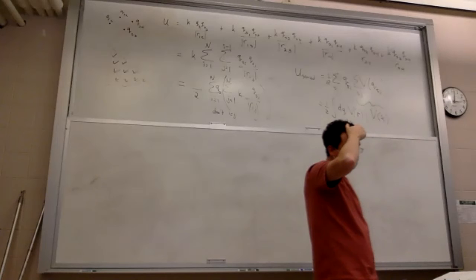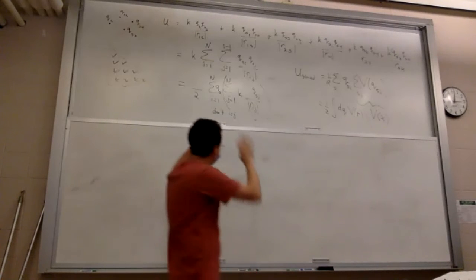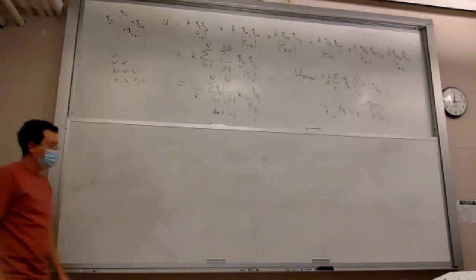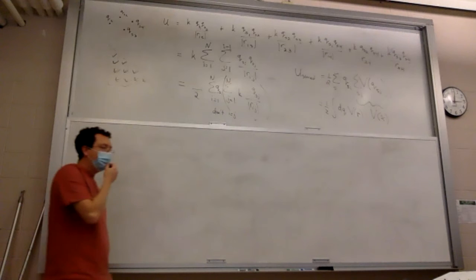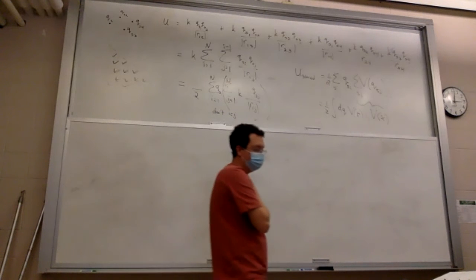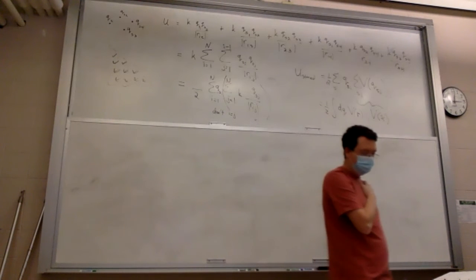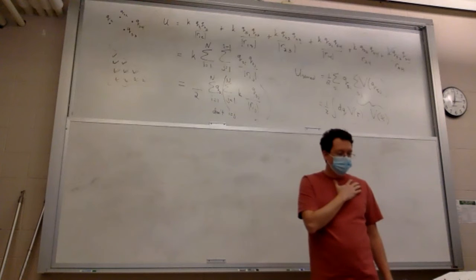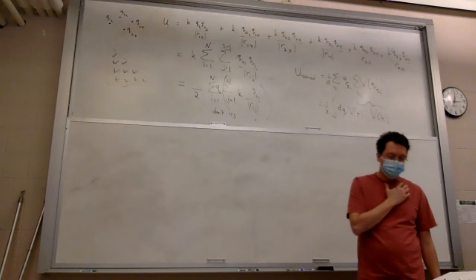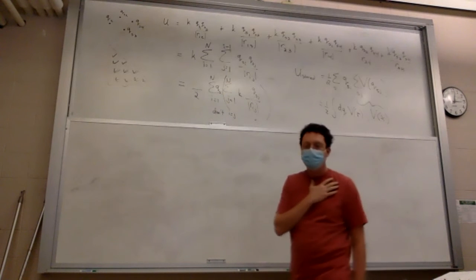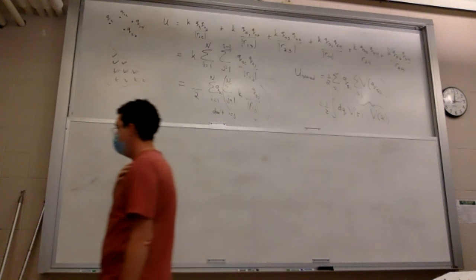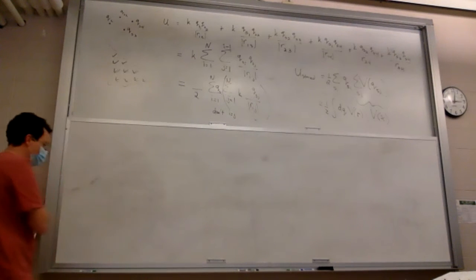All right. Now, so that's kind of general stuff. What we need to do now is go through kind of a laundry list of different shapes and figure out the potential for a number of different shapes.